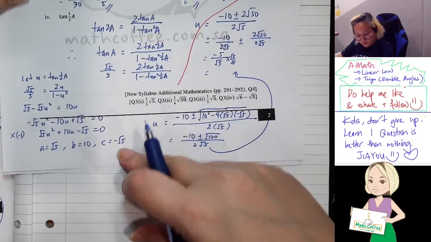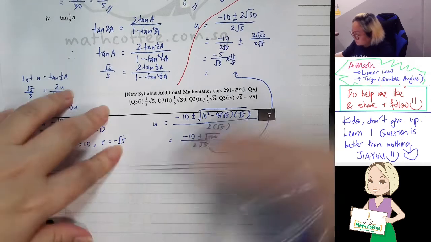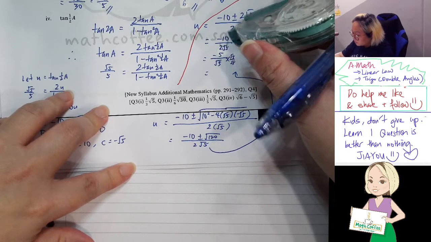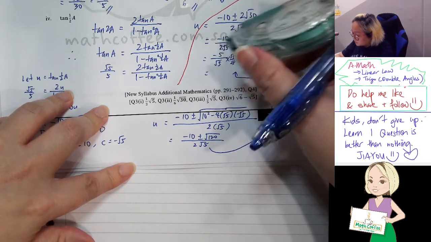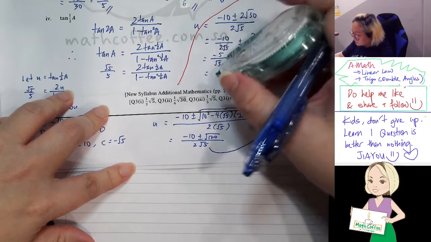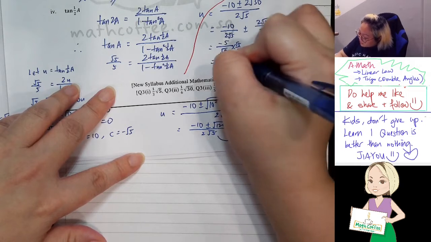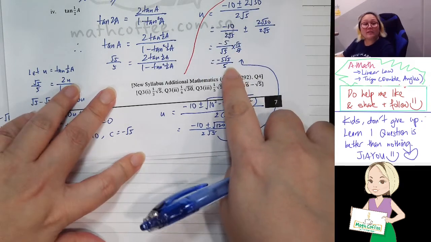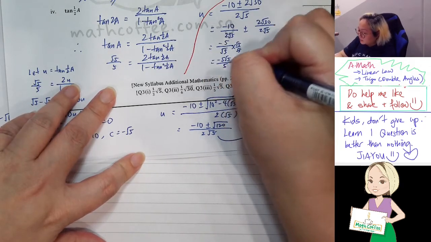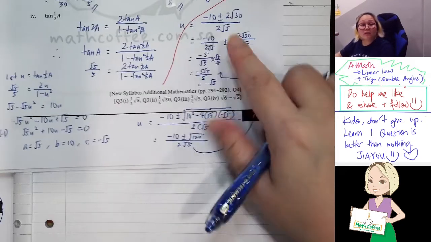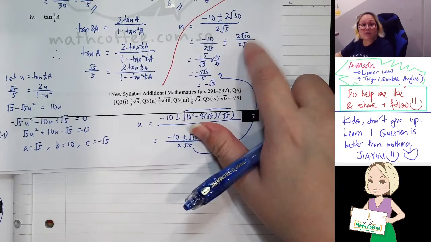Somewhere is not correct. Divide by 2, 5, correct. So it becomes minus 5 square root 5 over 5. When I simplify this part, it becomes just minus square root 5. I only did the left hand side. I still haven't done this part.